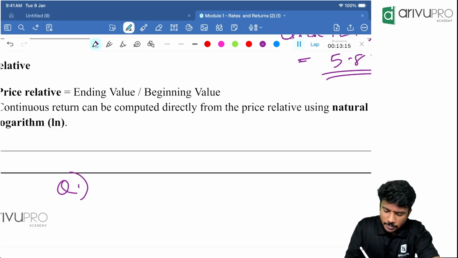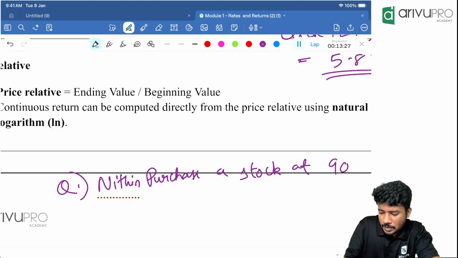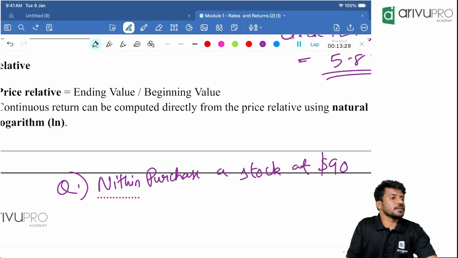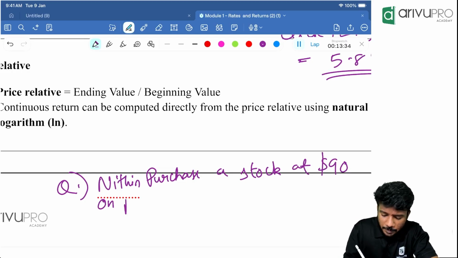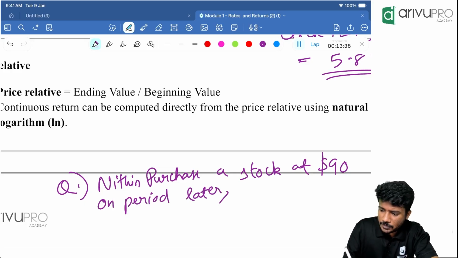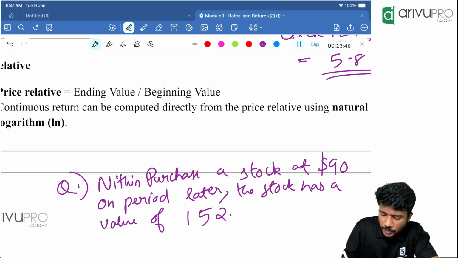Now the next question. Nitin purchased a stock at $90. Okay, Nitin purchased a stock at what dollars? $90. Okay. One period later, the stock has a value of 152.7.